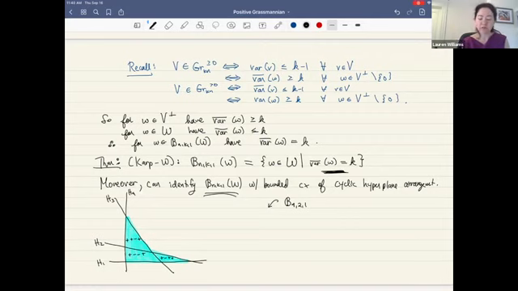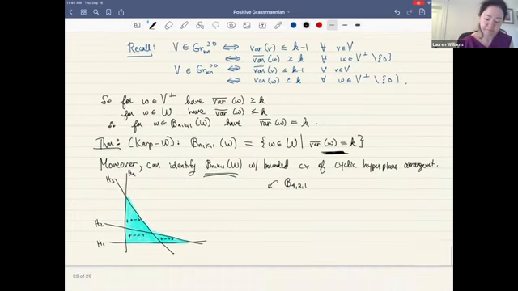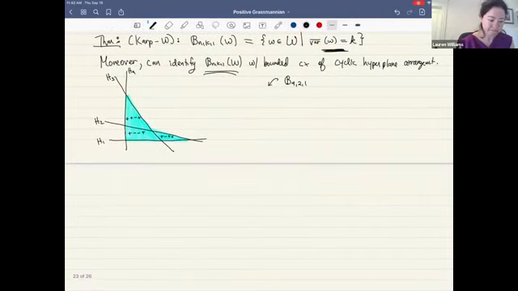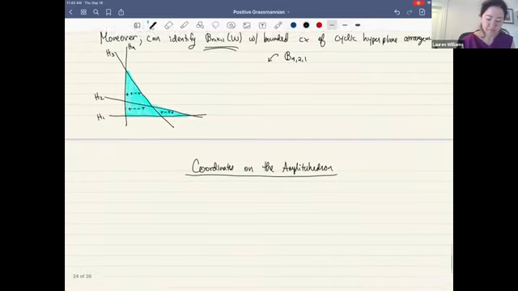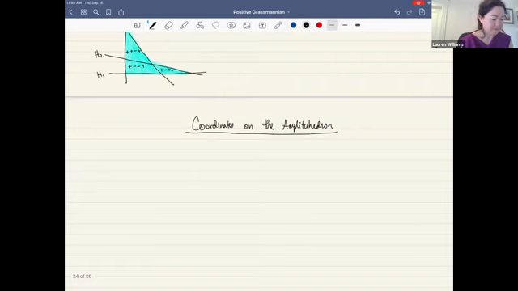So what should be the coordinates that we use on the amplituhedron? So first I'm going to talk about the original amplituhedron.